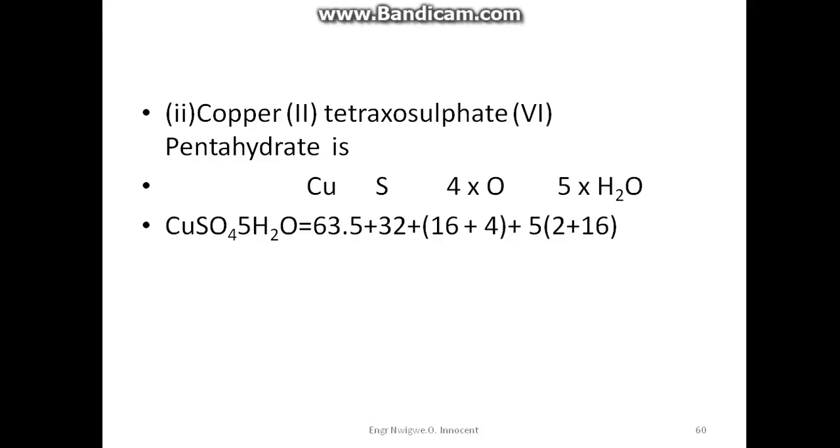Then we have 63.5 plus 32 plus 64 plus 90, which will give us 249.5.